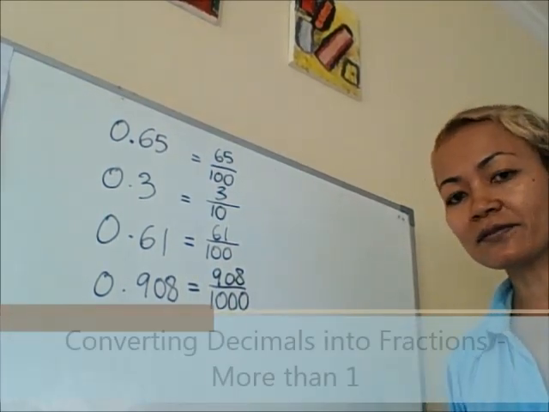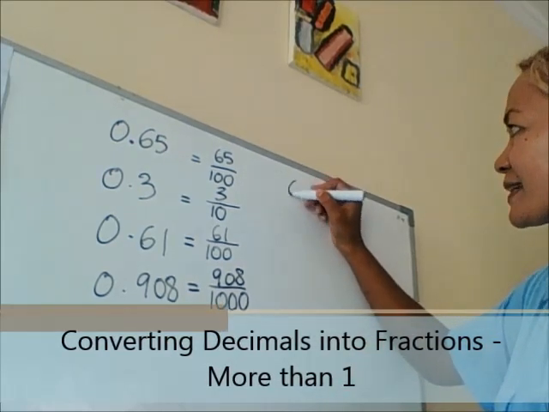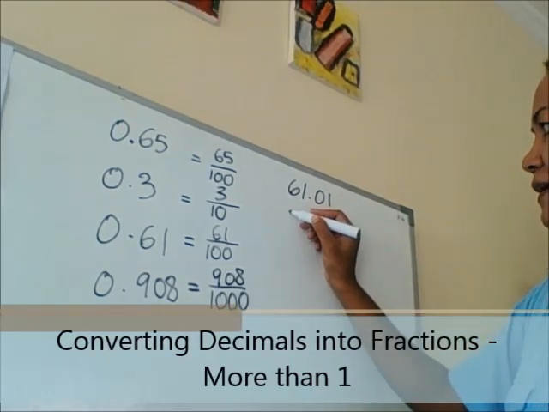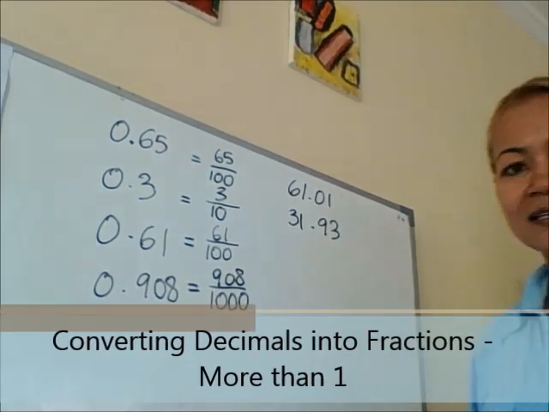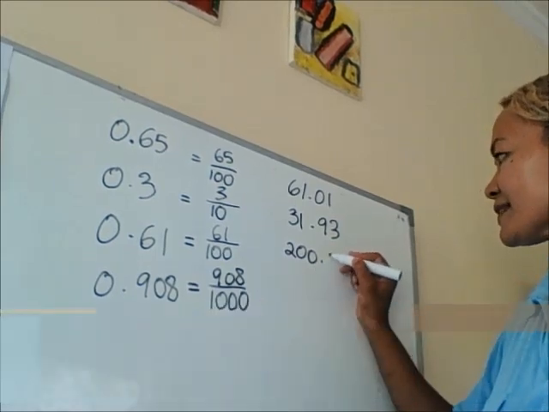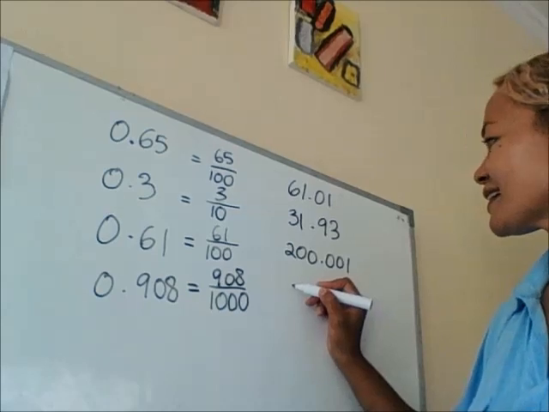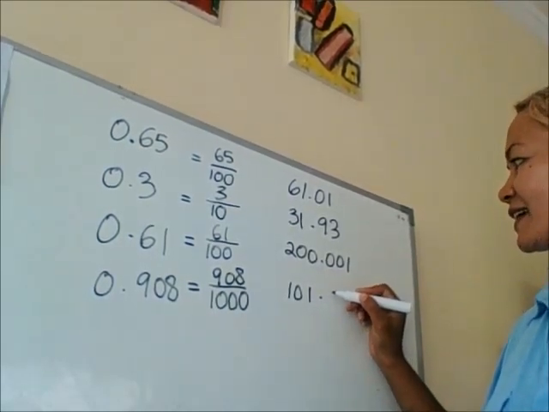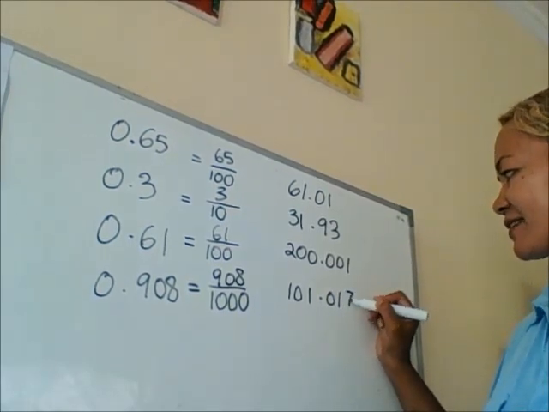Okay, what about a few examples with whole numbers? So 61.01, 31.93, 200.001, 101.017.